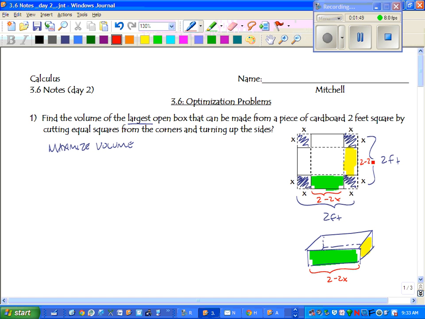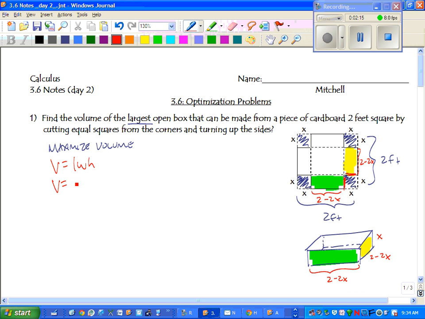Same thing's going to happen right here. This side right here is 2 minus 2x. And then our height right here is just going to be this side when it gets folded up, or this side, either way you want to look at it, that's going to be x. So the volume of a prism, remember, is length times width times height. We have those measurements, expressions for each of those in terms of x.